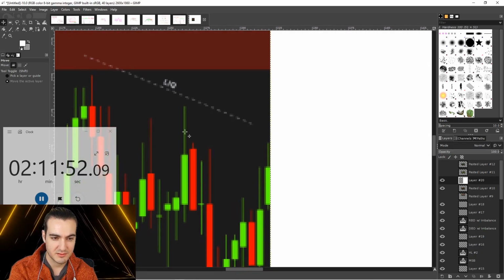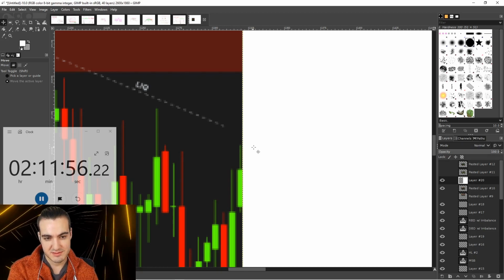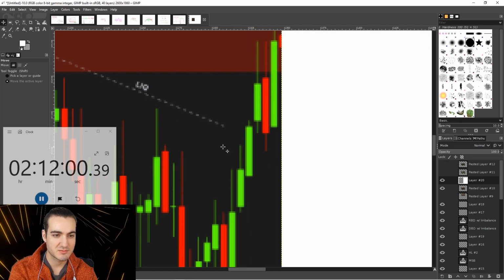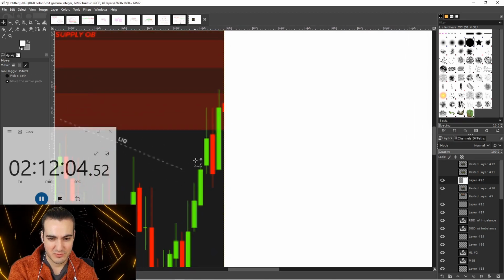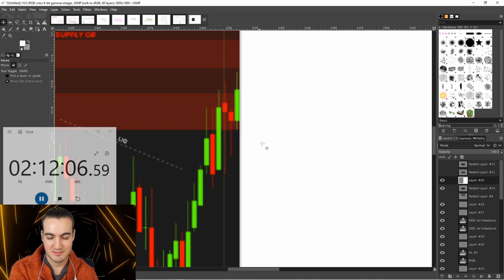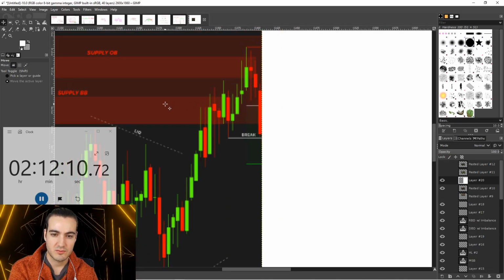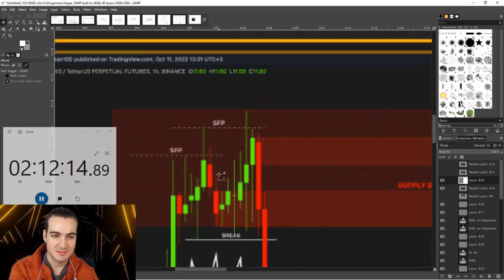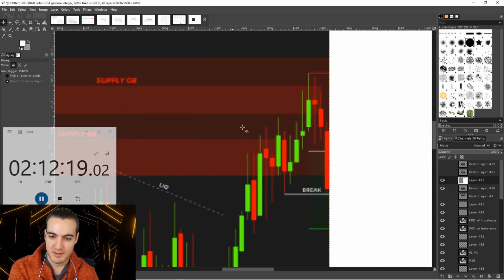Traders would use that as a stop area, and then of course, as always, price will violate that and ruin some people's day. Coming up into these supply order and breaker blocks that were formed during the base.